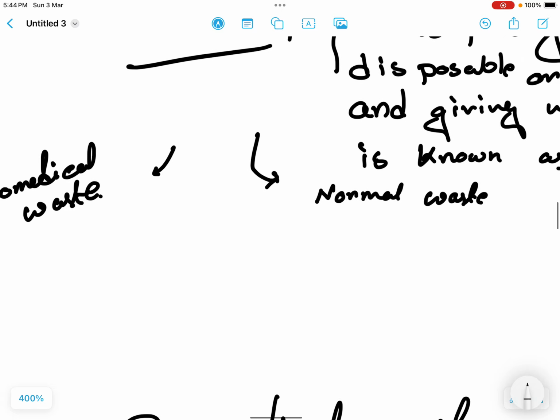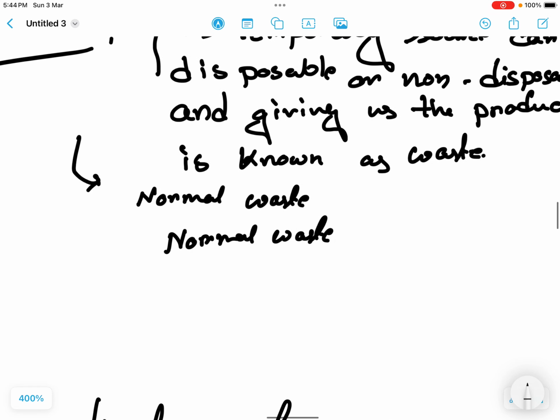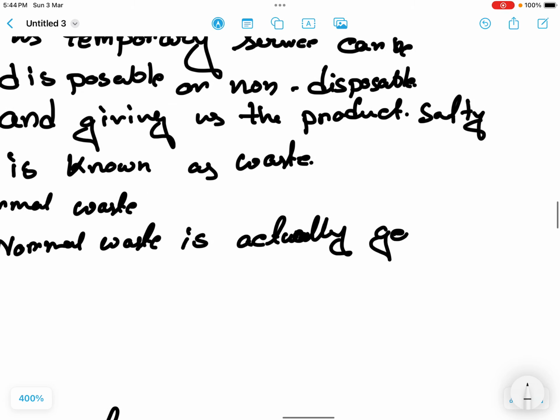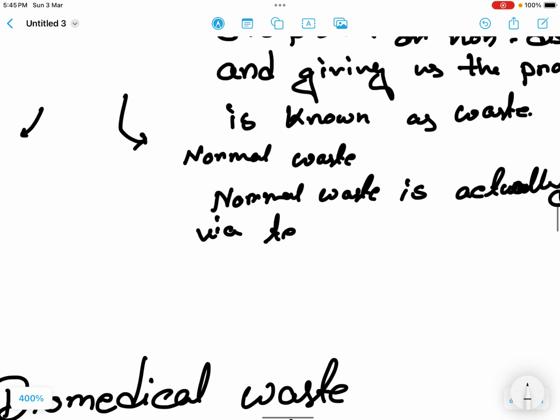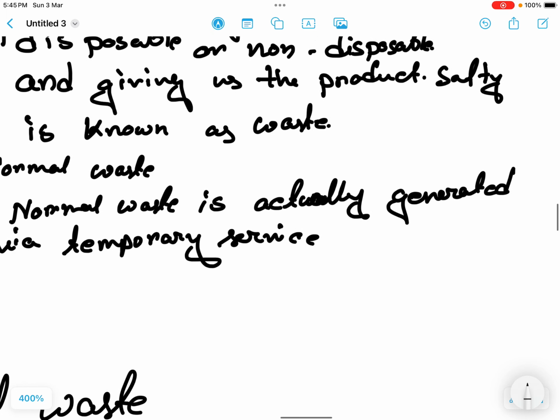So what is normal waste? Normal waste is actually generated via temporary service for mankind.